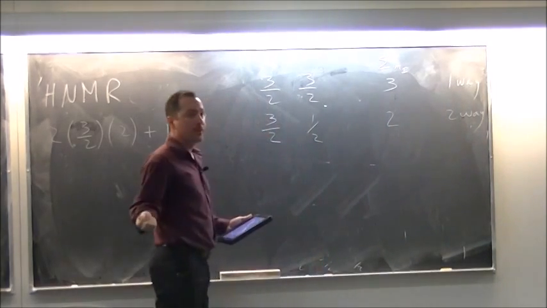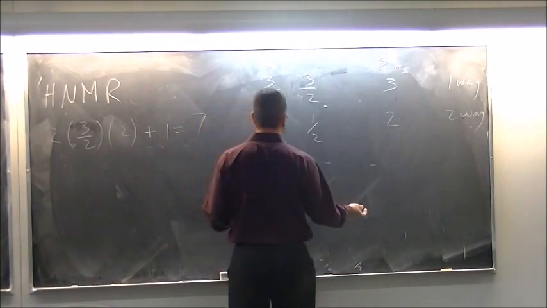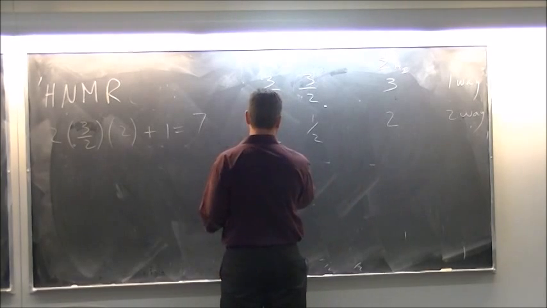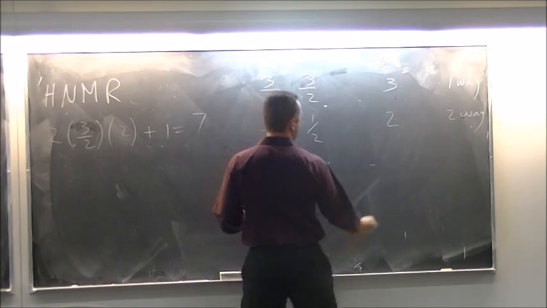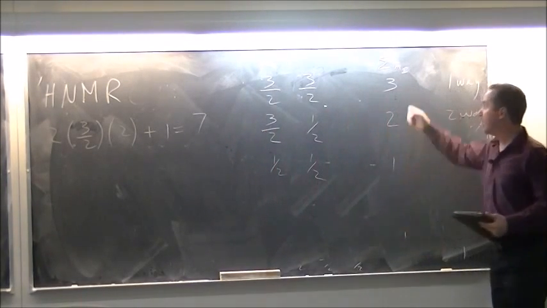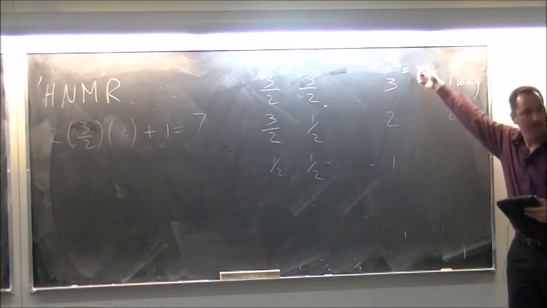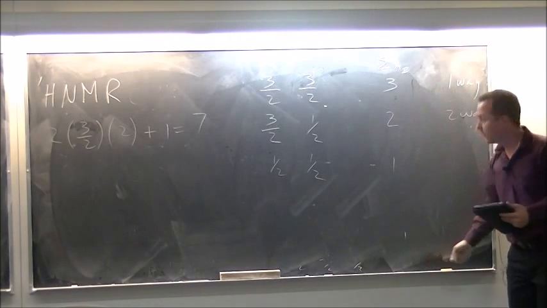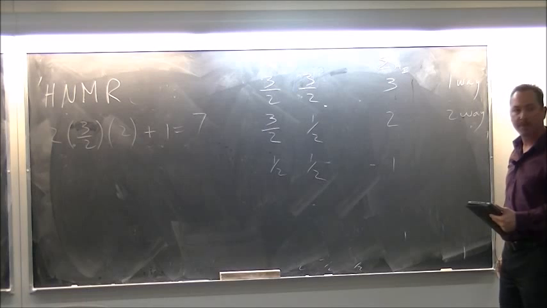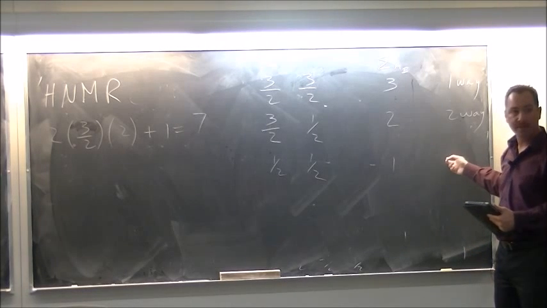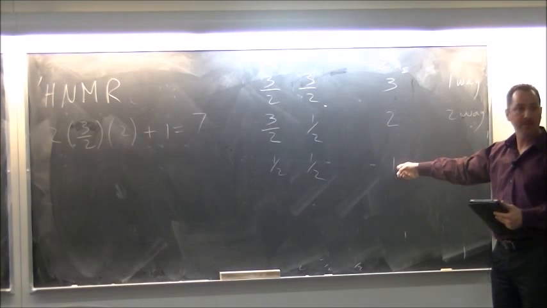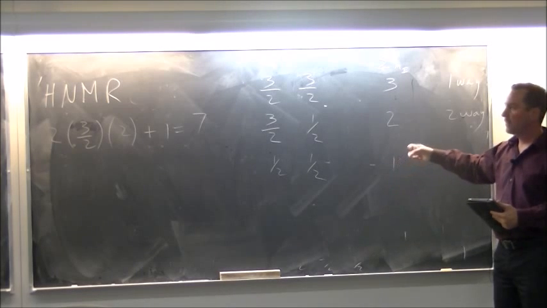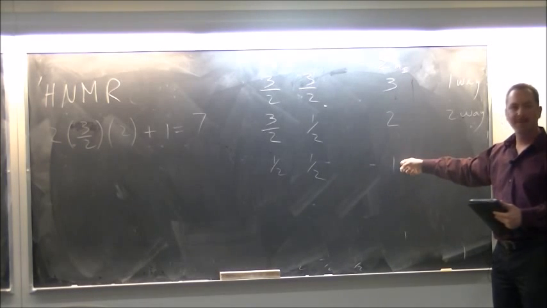But of course, you can keep going, and the other thing that you can have is 1 half and 1 half. You have to keep your sigma mi going from top to bottom, right? So then how many ways is your sigma mi 1?